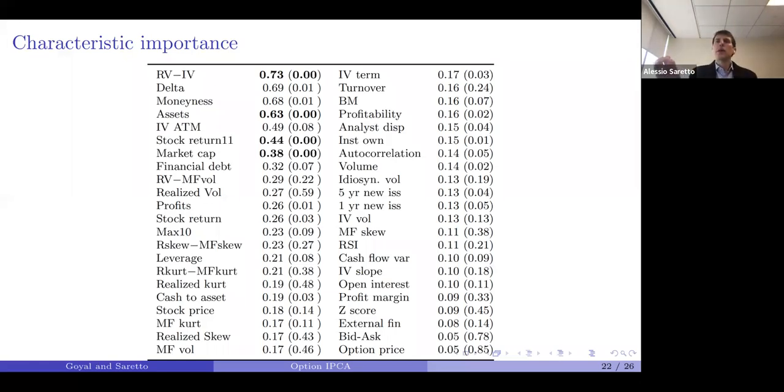We aggregate so that you get one synthetic measure for all 4 factors. And what you see is something maybe not particularly surprising: RV minus IV drives a lot. It drives the betas, it drives the factors, it drives everything.